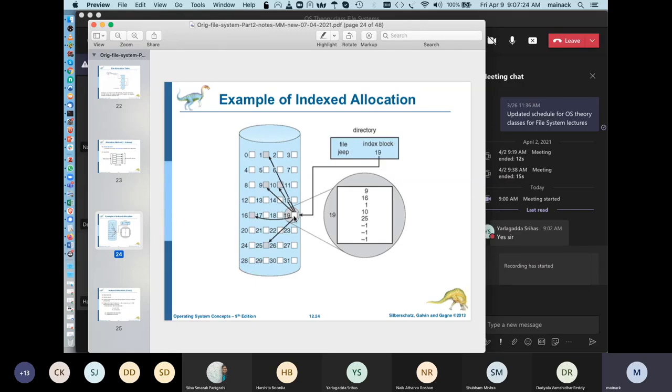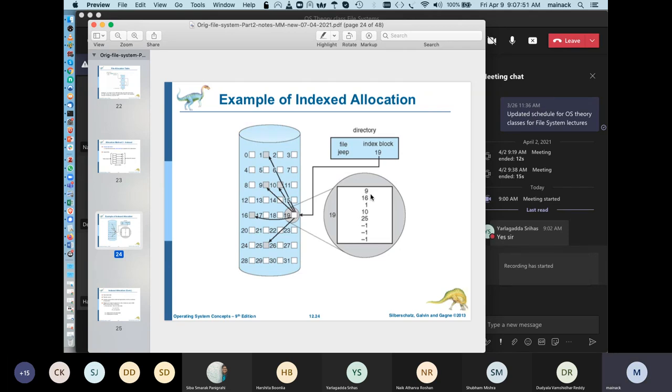What does the index block have? It basically has where the rest of the data is. The first block is in the ninth block, the second block is in the 16th, then the first block, then the 10th block, then the 25th block. And what is -1? These index block pointers are not yet allocated.